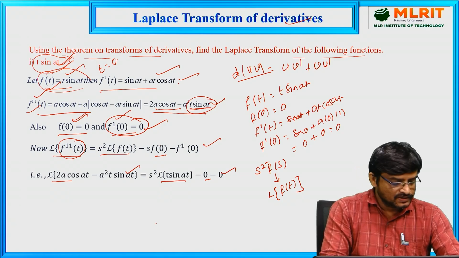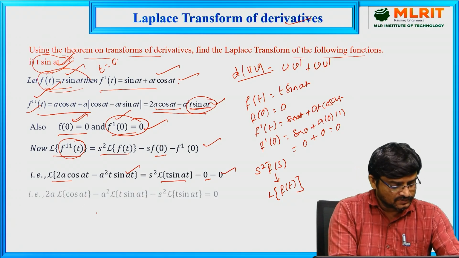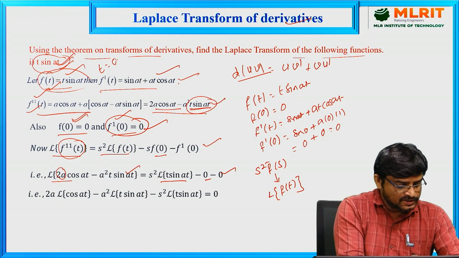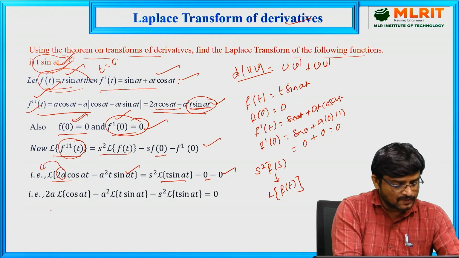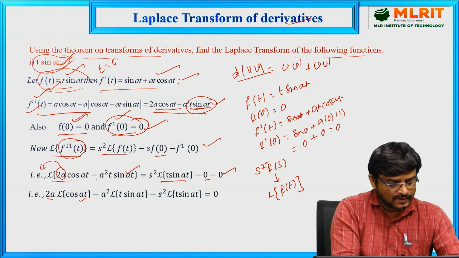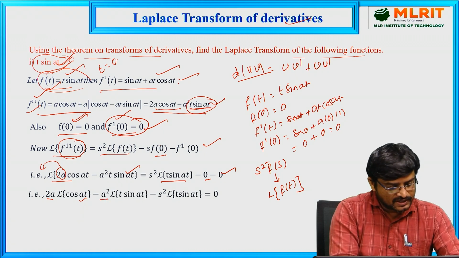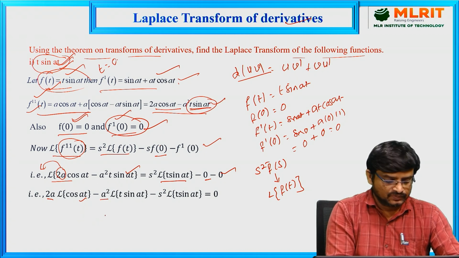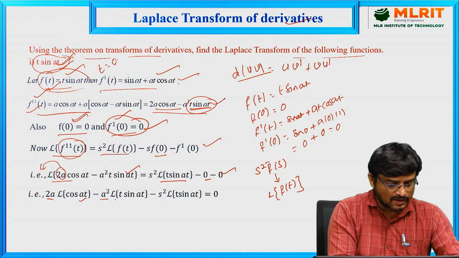Now simplify this, applying the linearity property. 2a is a constant, so we can take 2a outside the Laplace transform. So 2a into the Laplace transform of cos at minus a square, which is also a constant, so we take a square outside this Laplace transform.